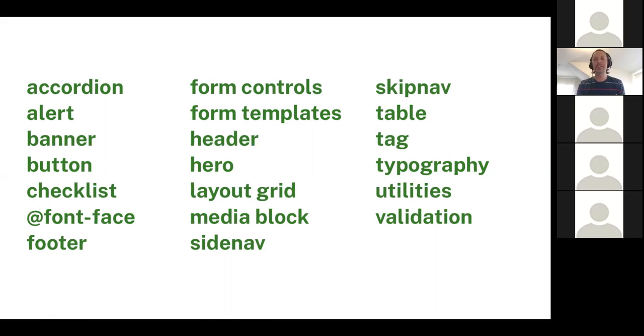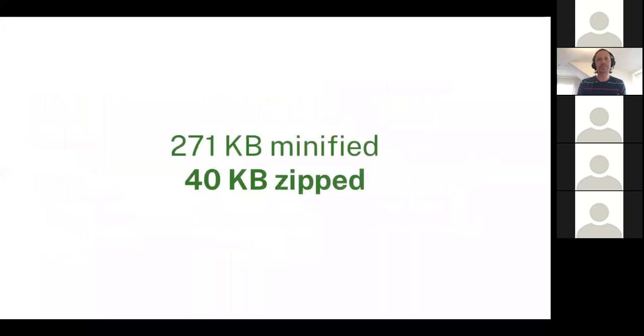And we've expanded this idea so that now you can import just the components that your project is using. So instead of doing something like @import USWDS, the whole USWDS package is hefty, 270K minified, 40K zipped. It's a hefty package with a lot of things in there.